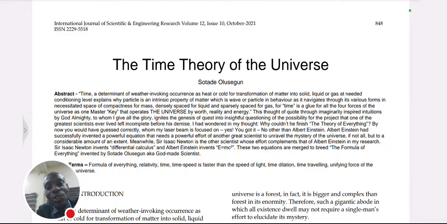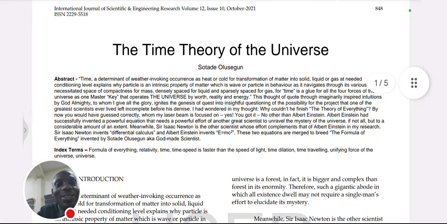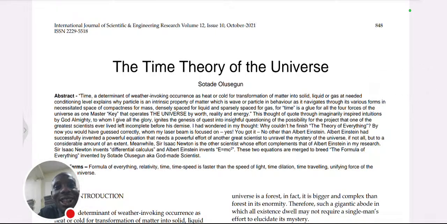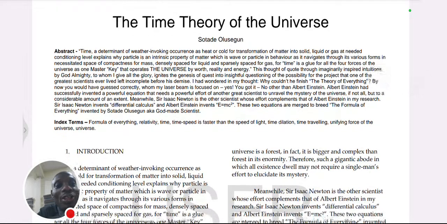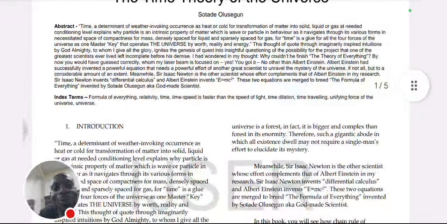I'll put links to my research publications in the description section below. You can go through my research publication. You can see it was published in the International Journal of Scientific and Engineering Research, Volume 12, Issue 10, October 2021. So now, yes, you can see the time theory of the universe.